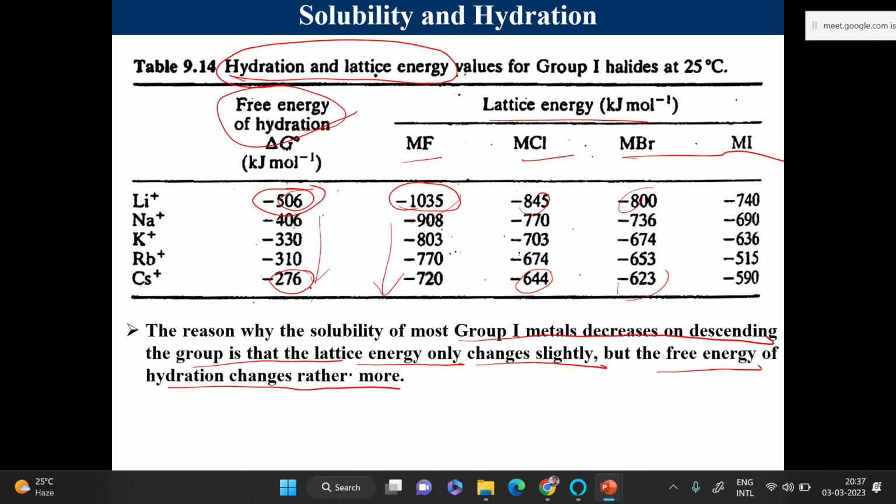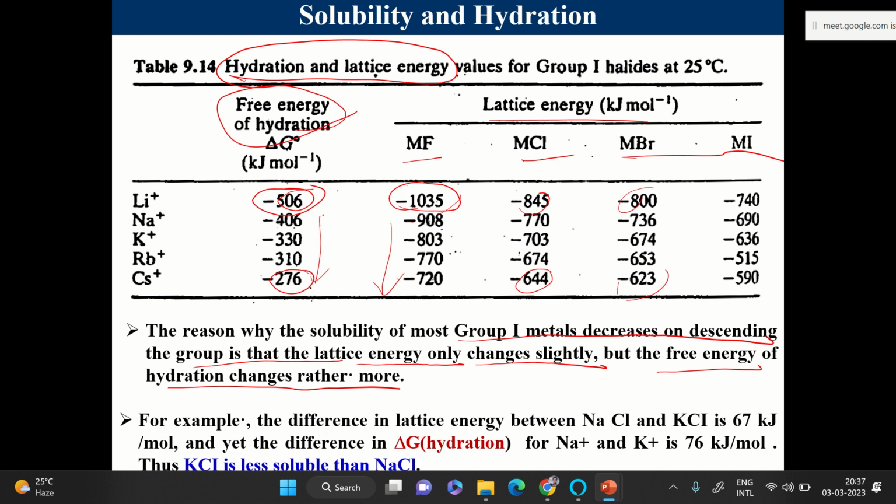And so the trend, you can clearly see that yes, when we say KCl is less soluble than NaCl, this is for the same reason. KCl versus NaCl: the free energy of hydration is more for NaCl as compared to this.